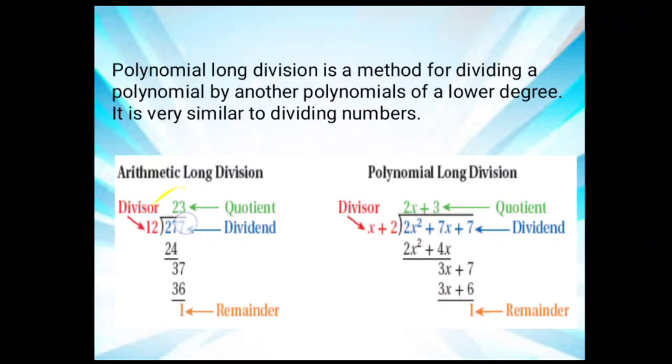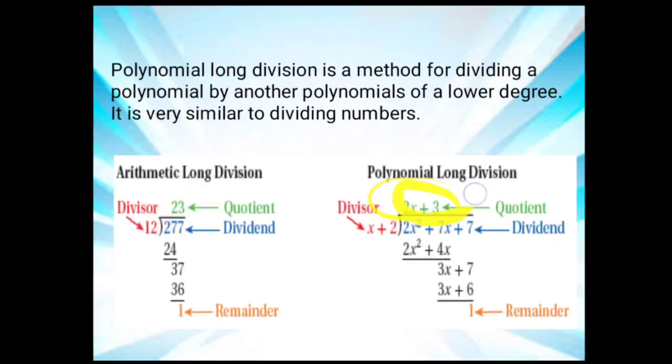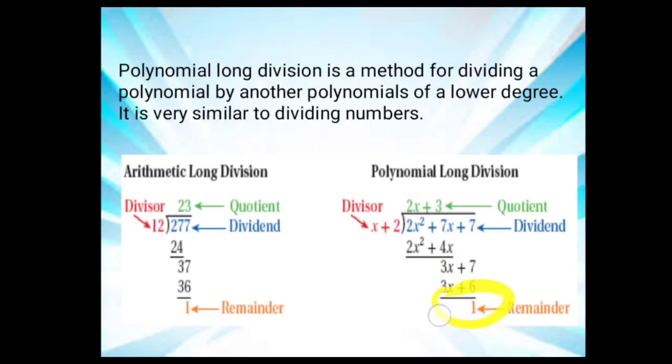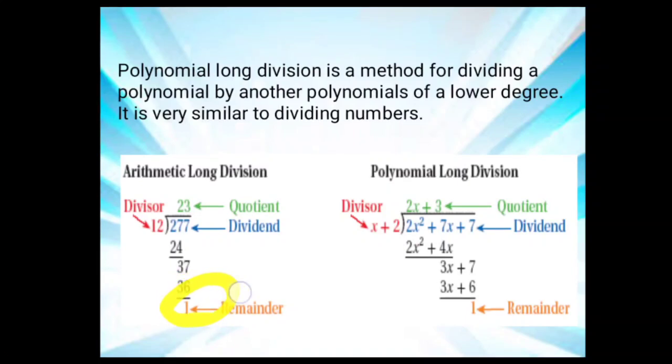Then here we have the quotient 23, and here the same, we have 2x plus 3, the quotient. Then we have here the process, and we have the remainder, same as the arithmetic long division.